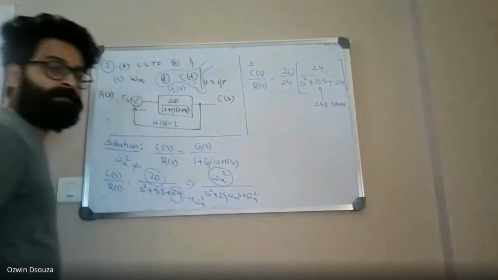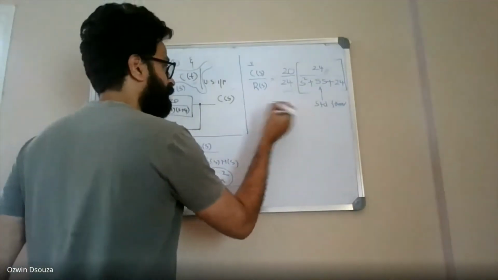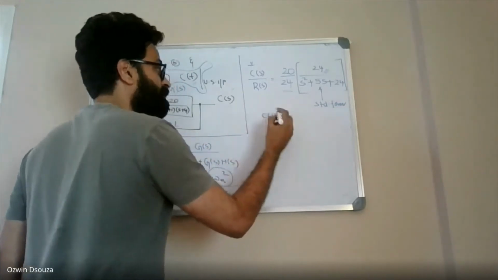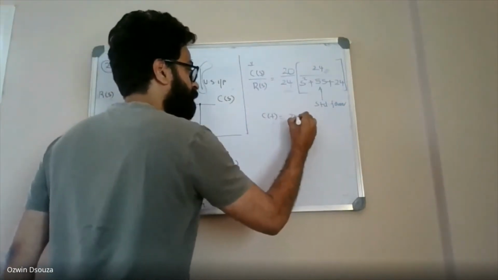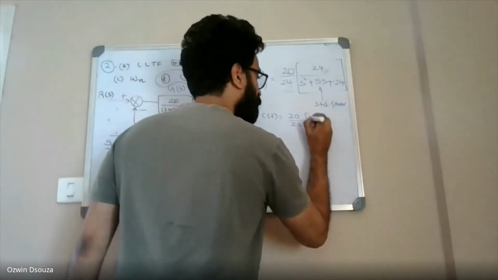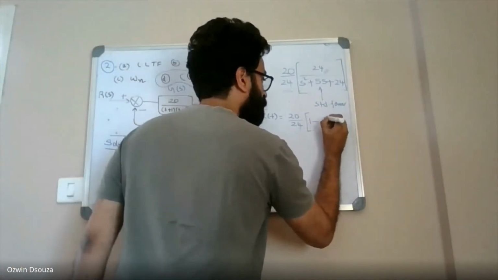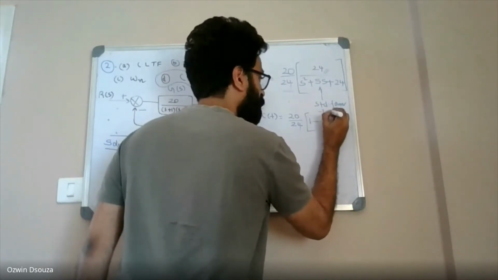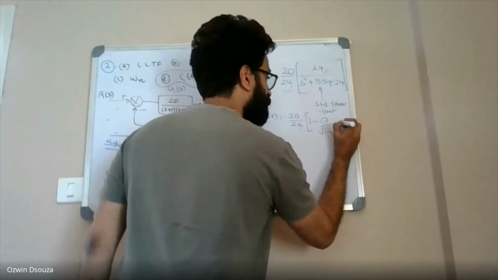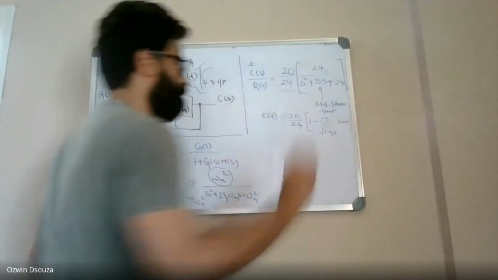So by doing so, you can apply the standard result. Therefore c of t becomes 20 by 24 into 1 minus e to the power minus zeta omega n t divided by under root 1 minus zeta square, into whatever that sine term.